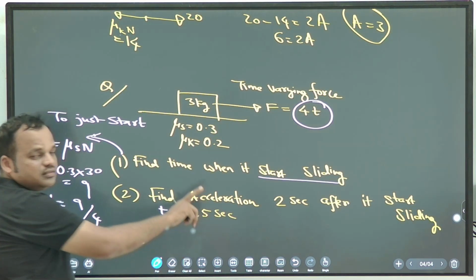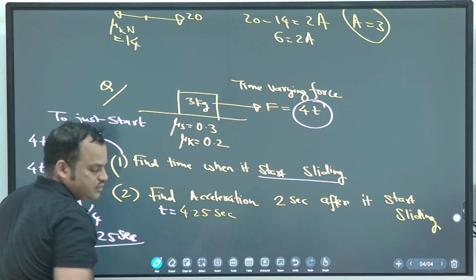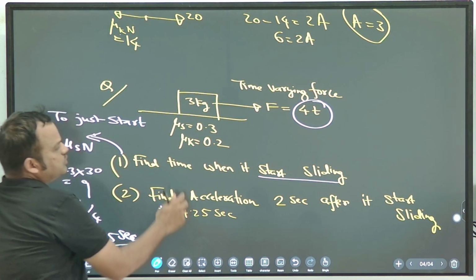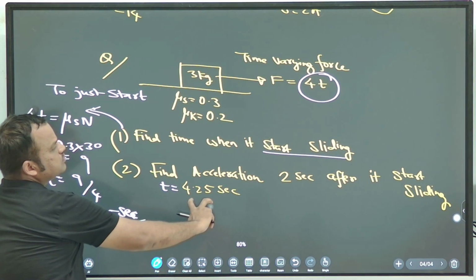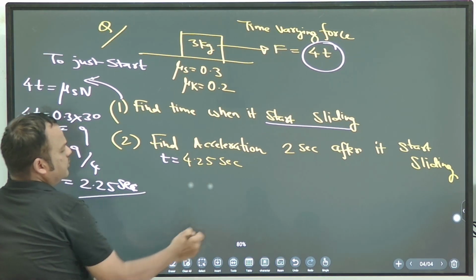Now it is moving. So what friction will act? Kinetic or static? Kinetic. Very good.